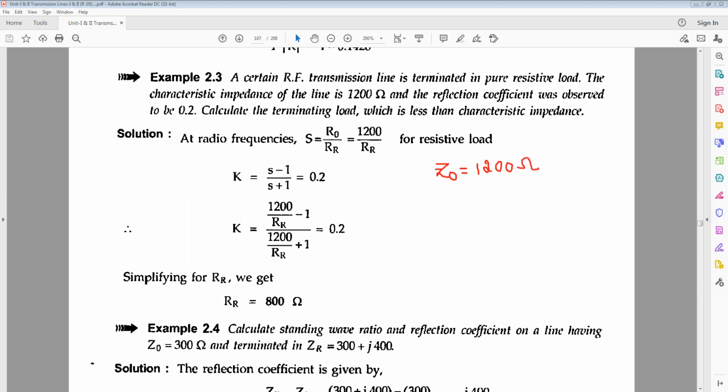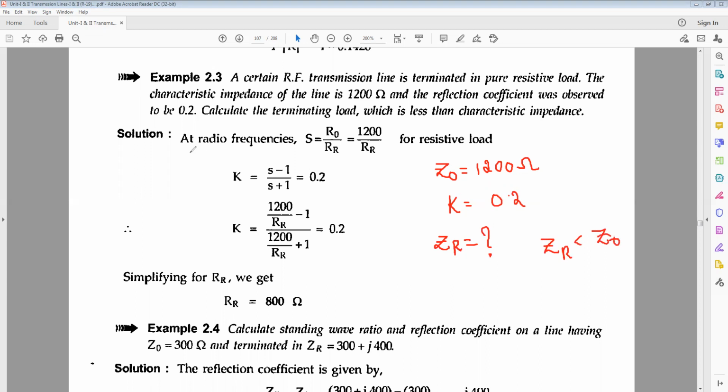And the reflection coefficient was observed to be 0.2. Reflection coefficient is K, given as 0.2. Calculate the terminating load. Terminating load means ZR. ZR is equal to how much? Which is less than the characteristic impedance. Definitely, ZR is less than Z naught.